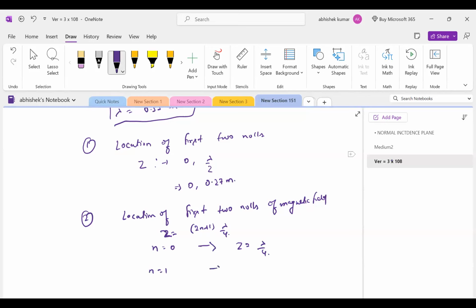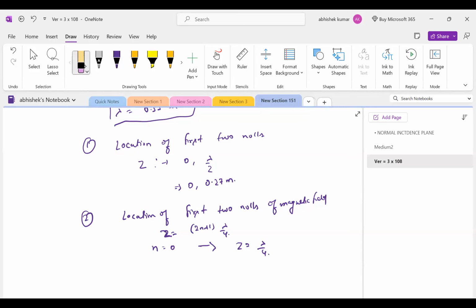When n equal to 1, we add lambda by 2. Okay, we have to find the first null only.